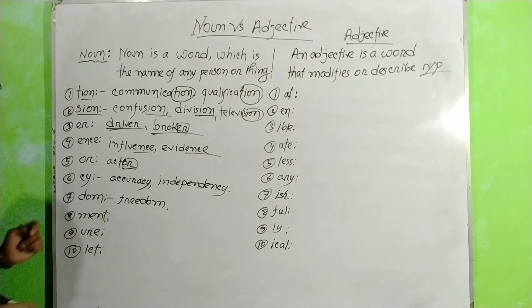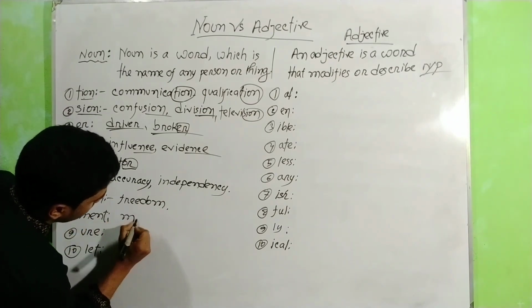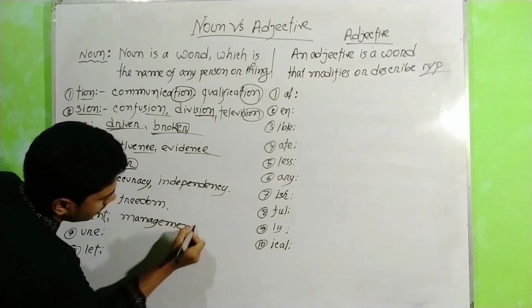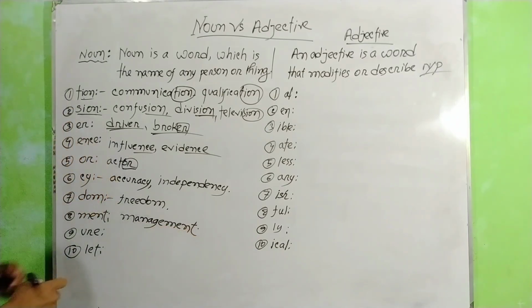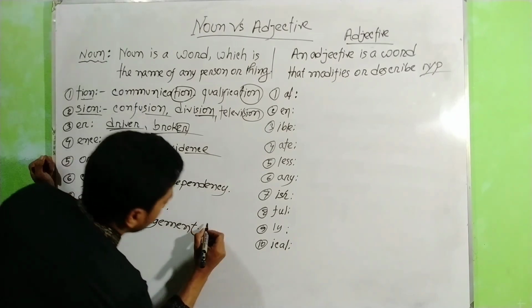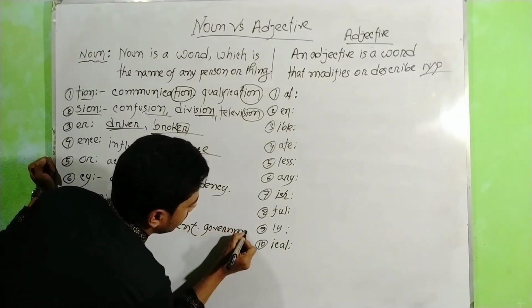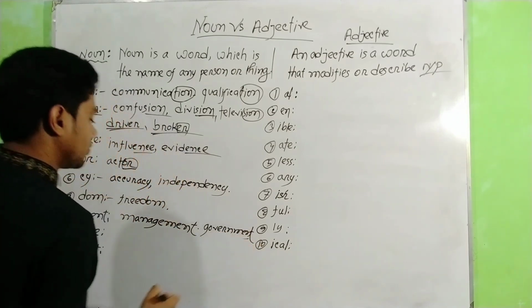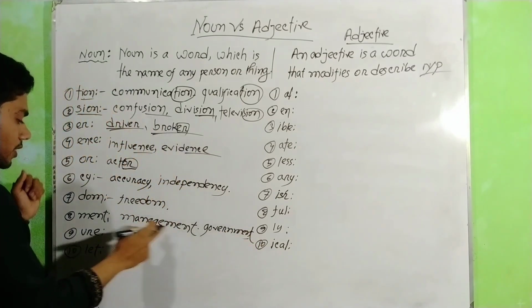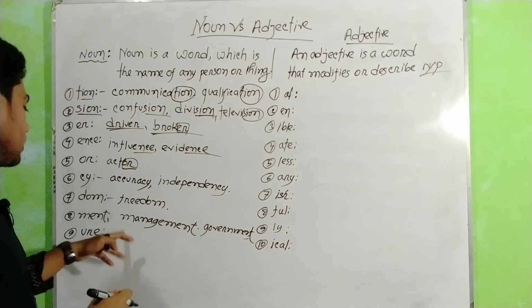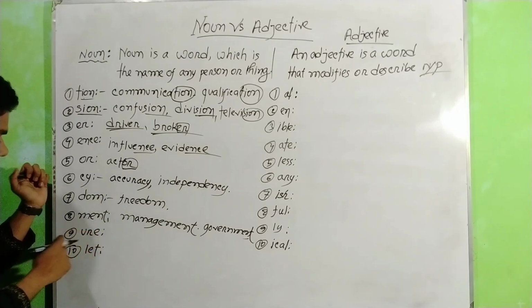Number eight, ment. You can say management. Also, you can say government. So if you see any word that ends with ment, you're sure that it is a noun. Number nine, ure.